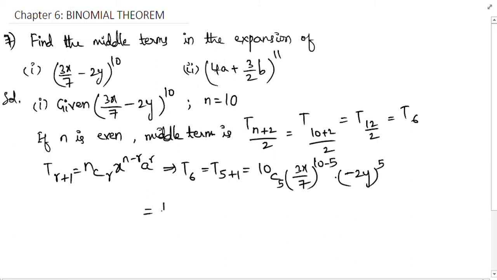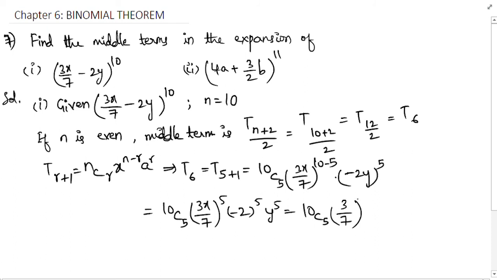So that will be equal to 10C5 (3x/7)^5 into (−2)^5 y^5. So this is equal to 10C5 (3/7)^5 into (−2)^5 into x^5 y^5. Okay, so this is our first bit.